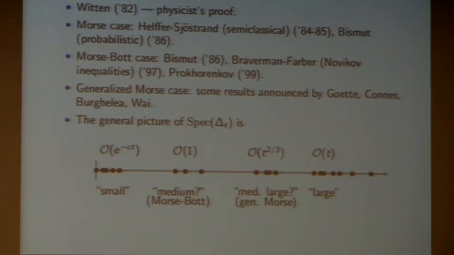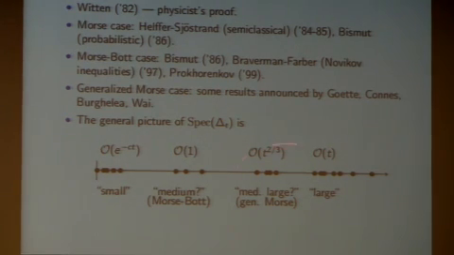And in the generalized Morse case, you expect to see medium-large eigenvalues. There are some things that have asymptotic order t to the 2/3. What I want to point out in the generalized Morse case is that the small eigenvalues only correspond to non-degenerate critical points. The degenerate critical points are contributing this stuff, which is large.